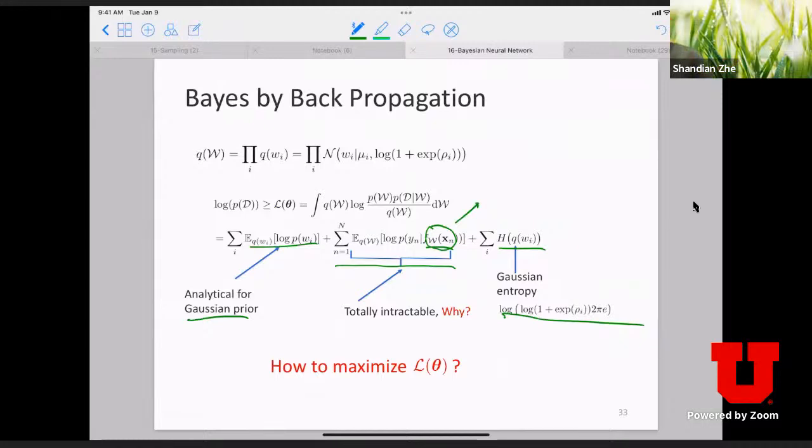Your whole log likelihood is a very complicated function. Let me denote it by H of W, Xn and Yn. W and Xn are so coupled inside H that if you take the expectation of H under Q of W, you don't have any closed form.